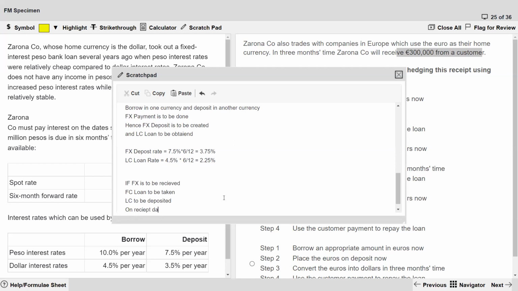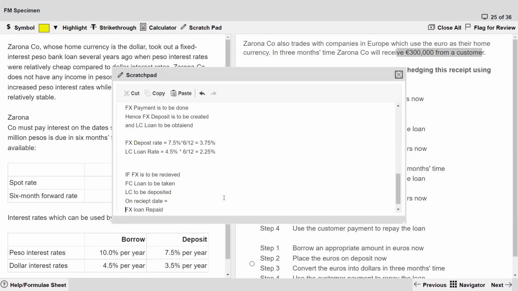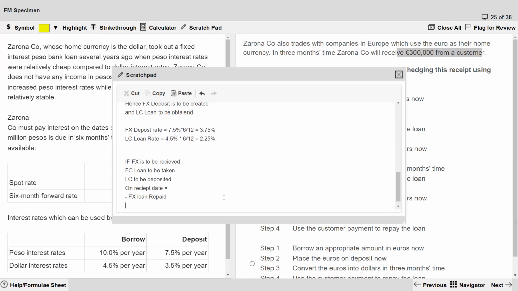On the receipt date, the FX loan is repaid, and the local currency is withdrawn.